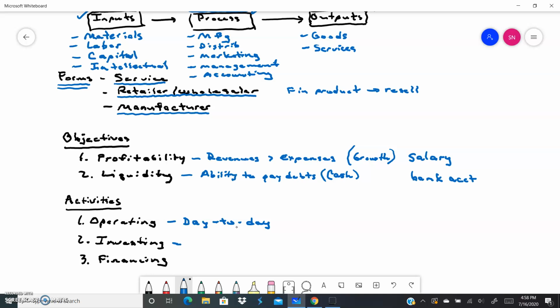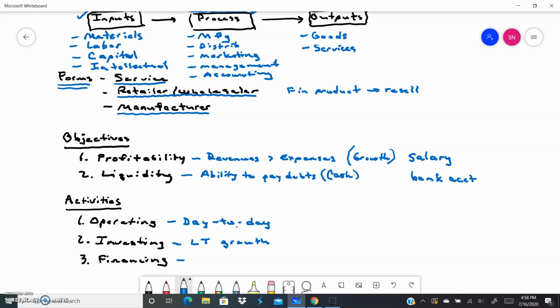Then you also have to think down the road, investing activities. So now you're thinking about longer term growth opportunities. So, hey, maybe I need to be thinking about investing in a factory. Maybe I want to expand into Europe. Maybe I want to develop some new products, things like that.